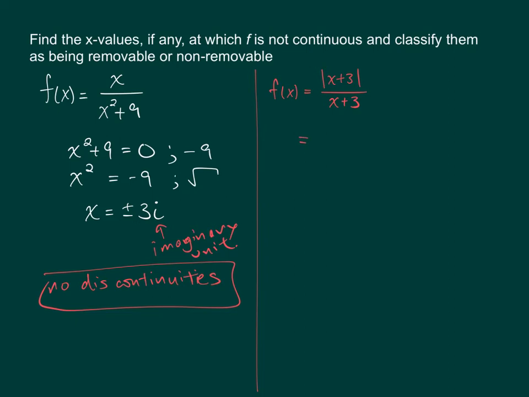First, I know that any time you have an absolute value function divided by the function inside of the absolute value, you're either going to get a 1 or a negative 1. The question is, where does this function stop being 1 and start being negative 1, or vice versa?